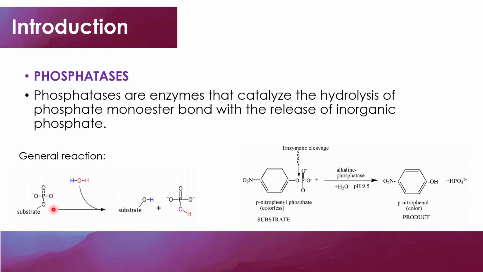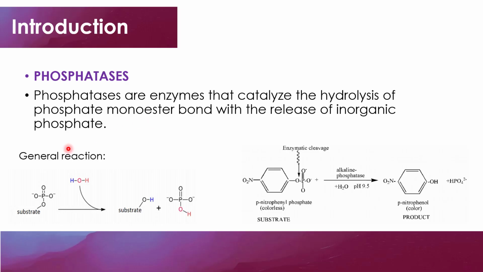So we'll start our introduction by looking at what the enzyme phosphatases are. First of all, what I want you to know is that our enzyme acid phosphatase belongs to this group of enzymes. Phosphatases are enzymes that catalyze the hydrolysis of phosphate monoester bonds with the release of inorganic phosphate.